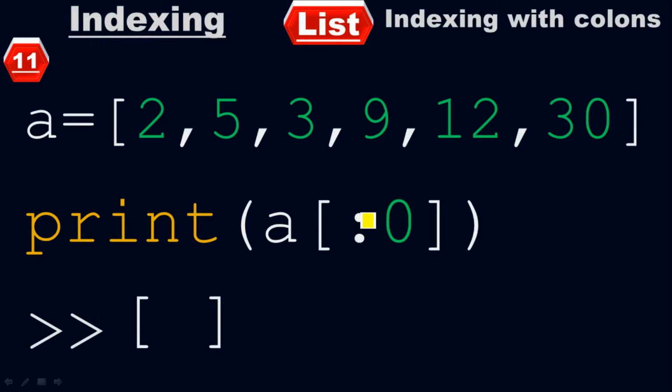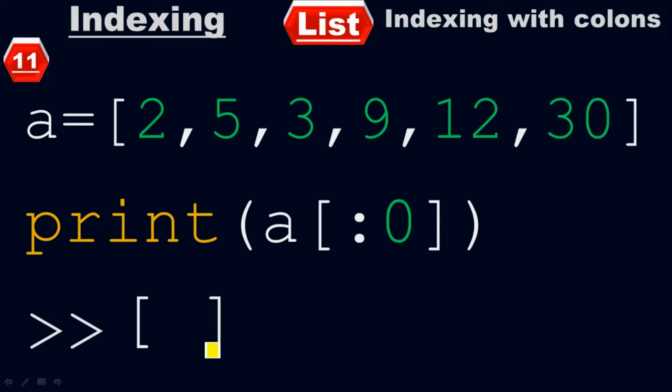So it's pretty clear that we start from 0 here. On the right side, we have index 0. What is the value at index 0 of this list? 2 is the value at index 0 in the memory. But why did we get an empty list?